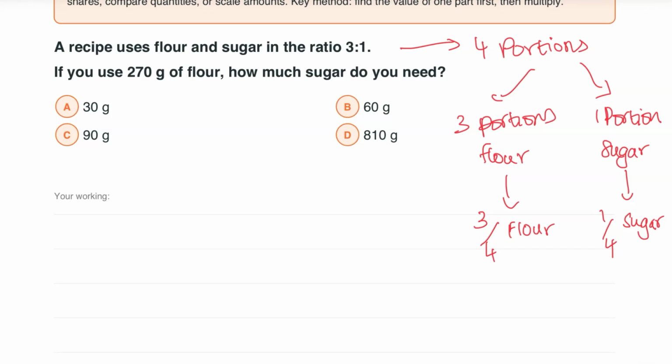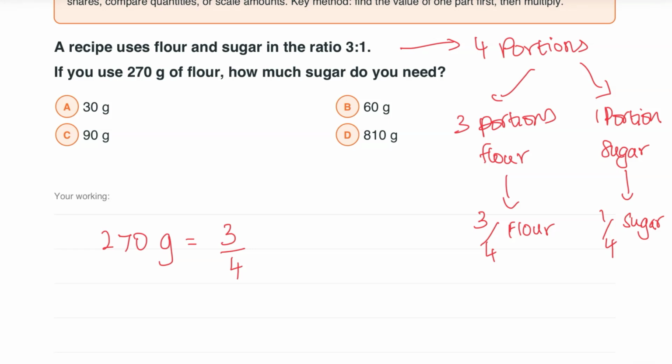Then, if we are told we use 270 grams of flour, how much sugar do we need? That means 270 grams equals 3/4. Now we need to find how much is 1/4. One thing we can do is reverse the fraction to get the total and then figure out the proportion we are looking at.